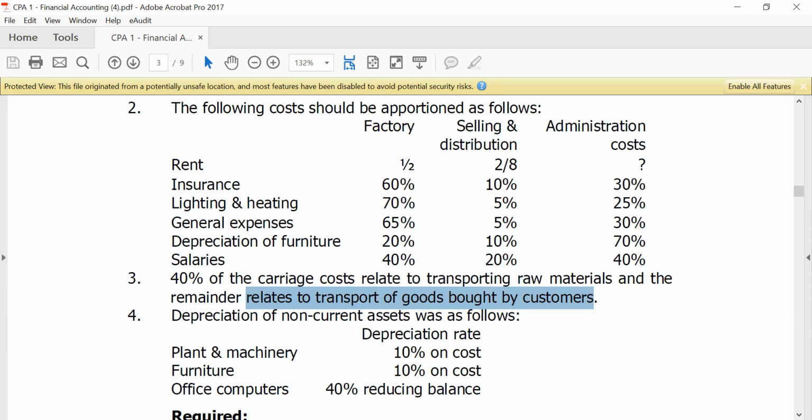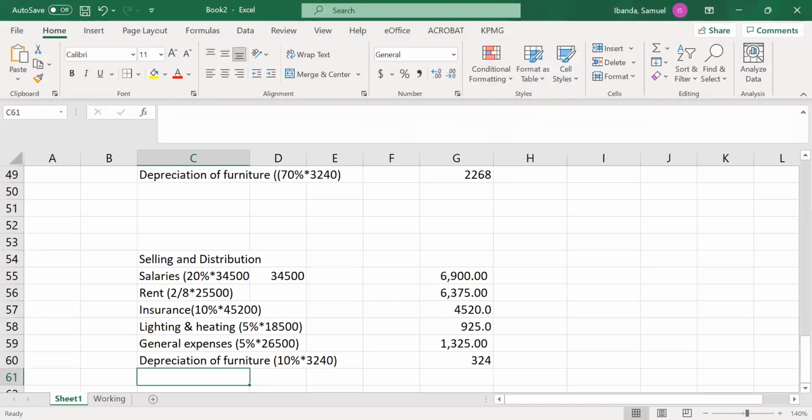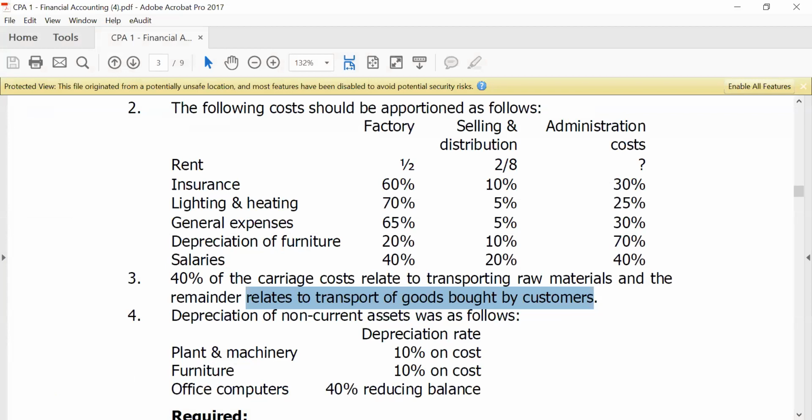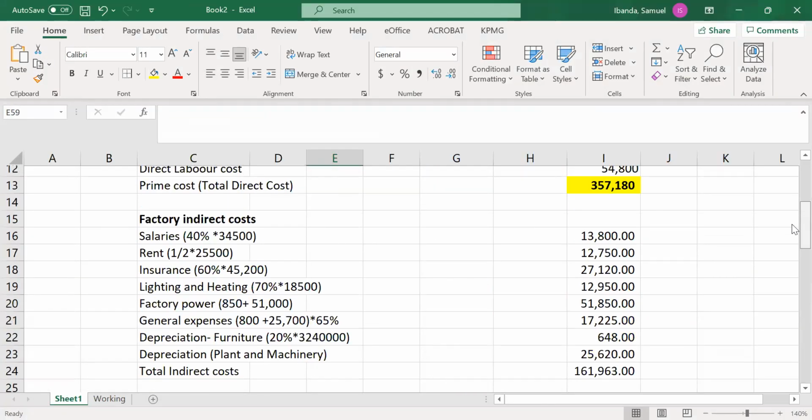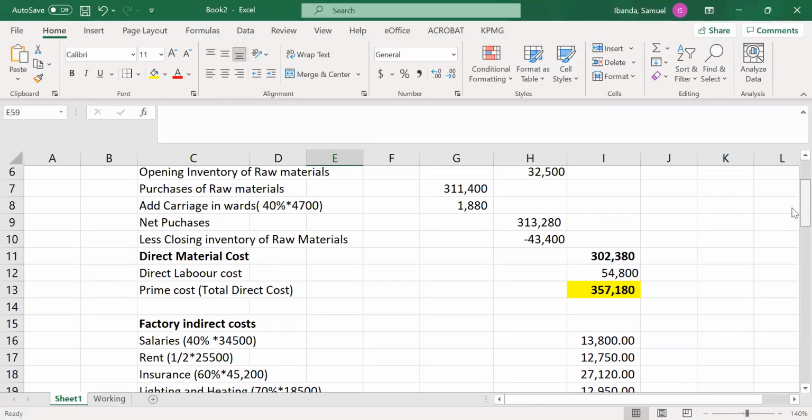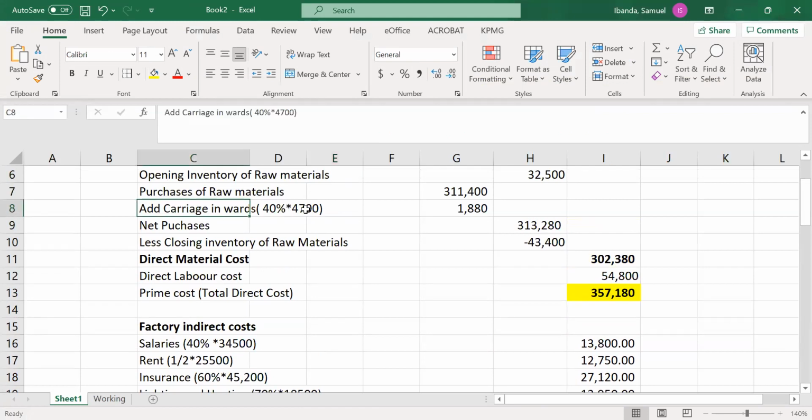So I'm going to record my carriage outwards under selling and distribution, because that's where they fall. Carriage outwards, and how I determine the amount is, remember I already determined the total. I think we may just go up here and get the carriage. What I use was 4,700. So 60% of 4,700 is what I'm supposed to have there.